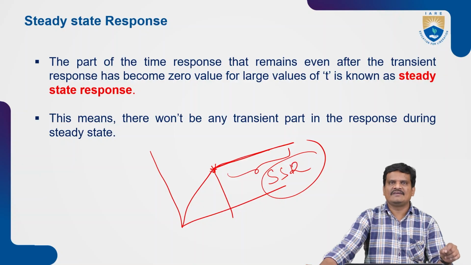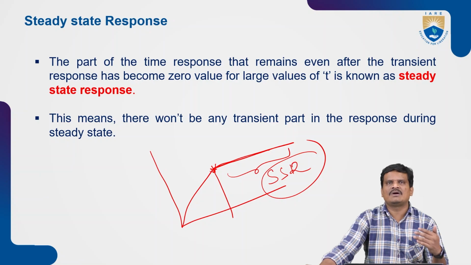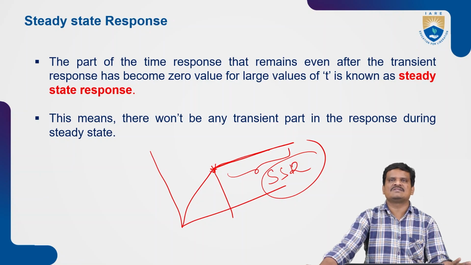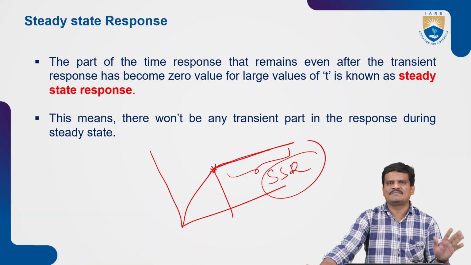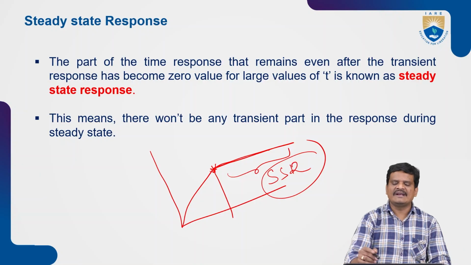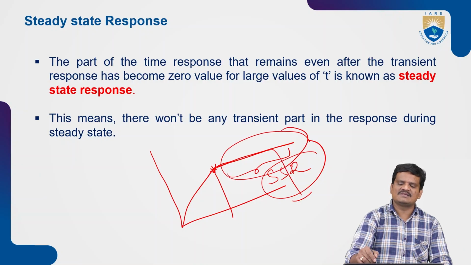It is defined as the part of the time response that remains even after the transient response has reached 0 value. The time may be infinity or whatever it may be, that type of response is considered the steady state response. In this state, there will be no presence of any transient response elements.